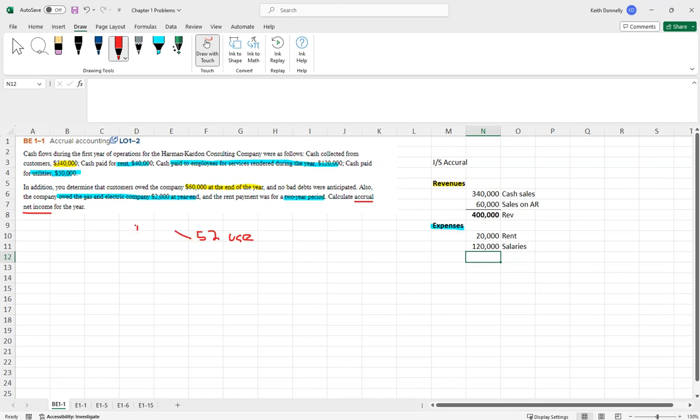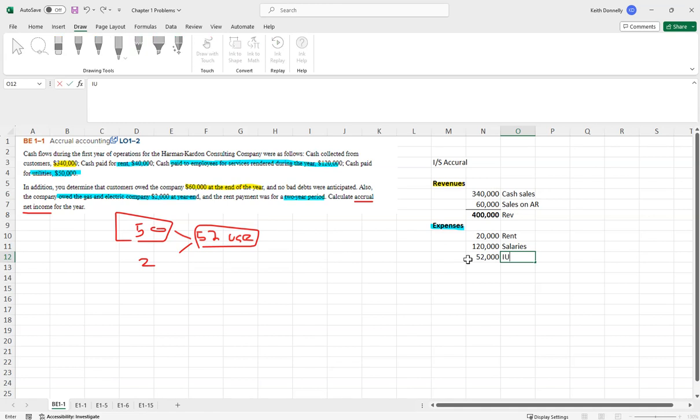Of this amount, we paid a cash outflow of 50, but we have 2 that we still owe. When we talk about accrual accounting, we look at how much we used, how much we incurred, not how much we paid. So in this way, we're going to have $52,000 of utilities. So we sum these up.